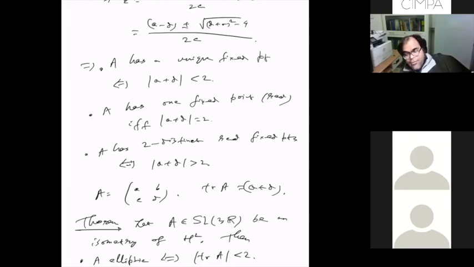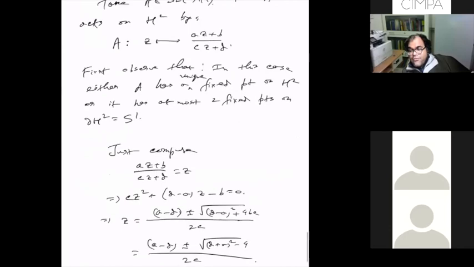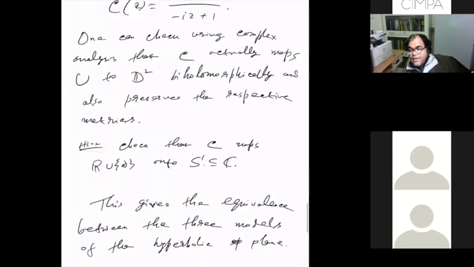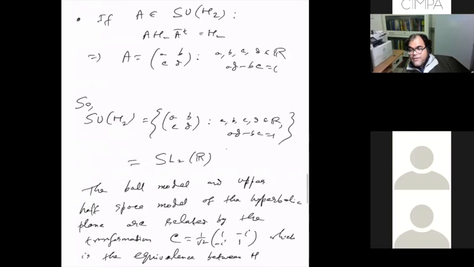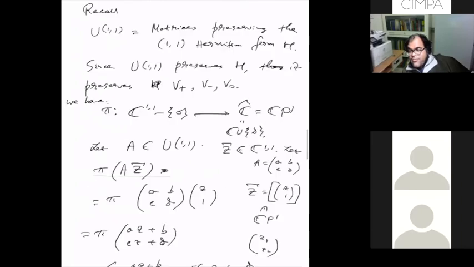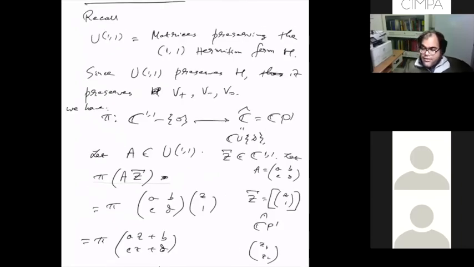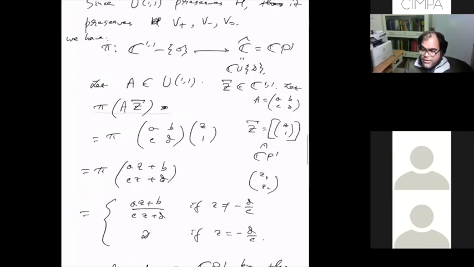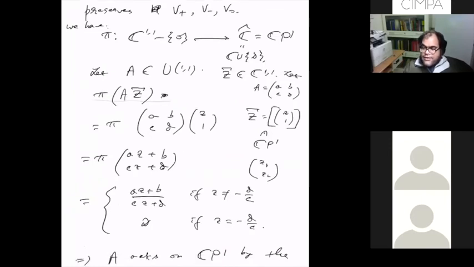But one thing I have not said here that I should say, that when I am doing all these things, I started with U1, and then I jumped into, let me take here SL2R, and I just restrict myself to SL2R. Now, why am I not taking determinant −1 matrices?